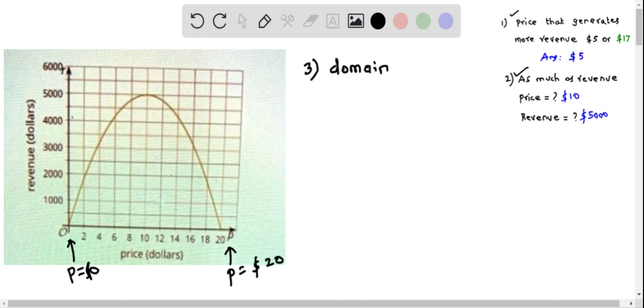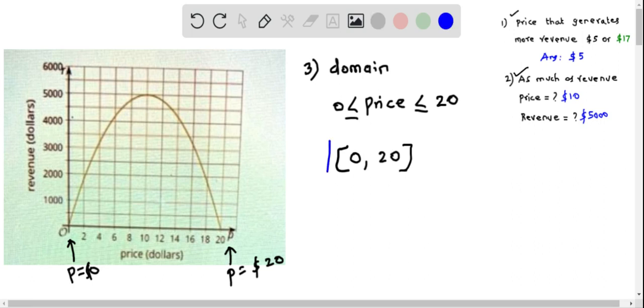So we say that the domain of the function is the price is greater than or equal to 0 and less than or equal to 20, and this is in dollars. We can write this domain in interval notation as 0 comma 20. So this is the domain of the function. And so we have answered all parts of this question.